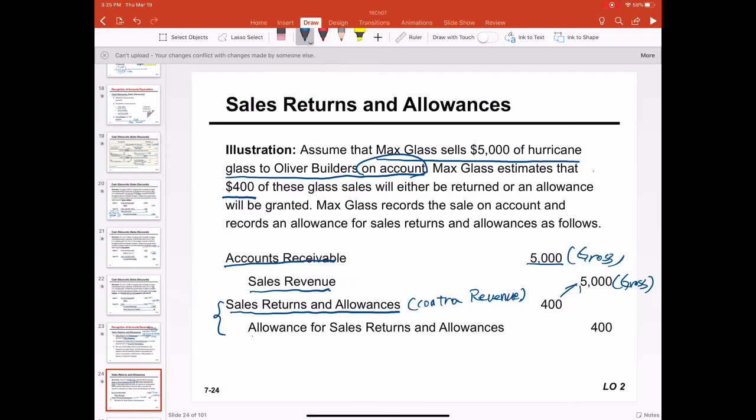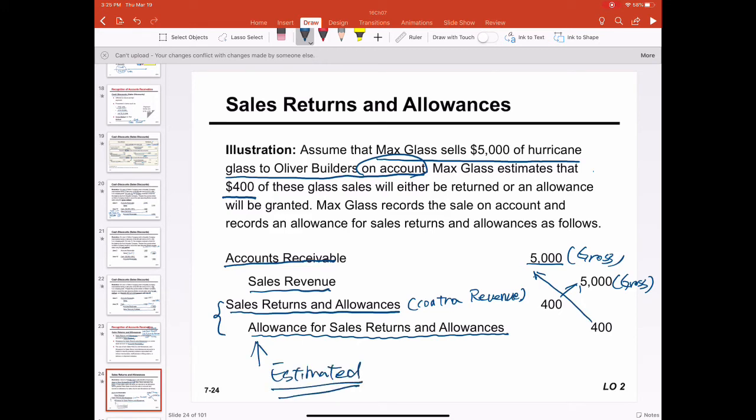And also credit allowance for sales return and allowance, which is a control account of receivables. Because the customer returns $400 or you grant the customer a $400 allowance, the receivable will decrease. But keep in mind, this is just an estimate. This is not a real event.